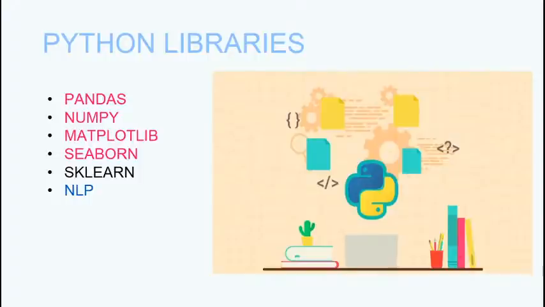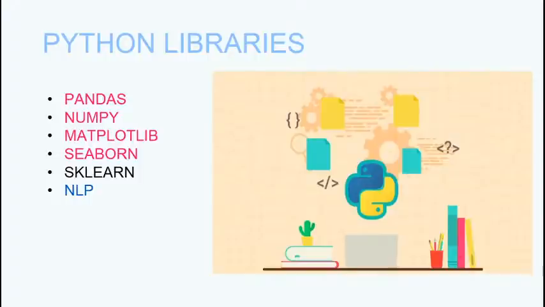Then we will convert those data into machine understandable form, so we need to use vectorizers, like hash vectorizer, TF-IDF vectorizer and count vectorizer. Those vectorizers convert text data into machine understandable form. So that's why I'm adding NLP.